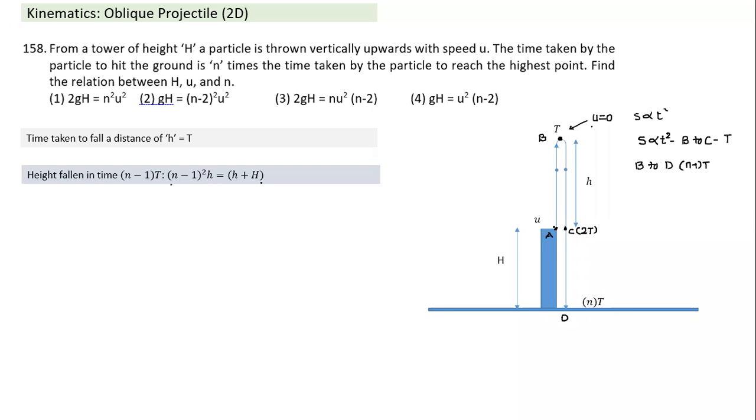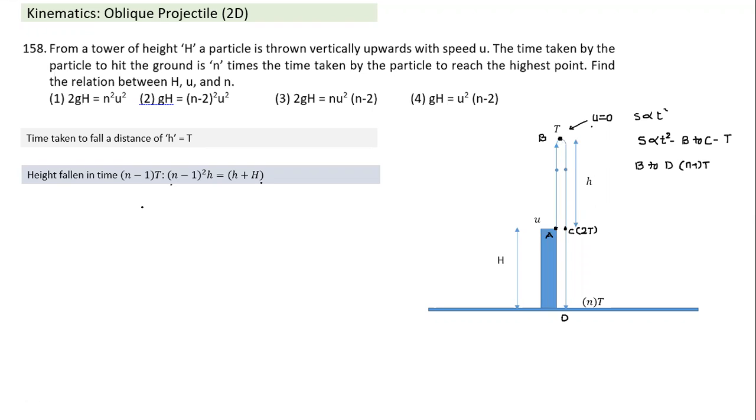If all points are clear, if I demarcate these important points of motion, it's easy to notice this is 0 time, this is t, this is 2t, and this is nt. From here to here it has taken time 2t minus t, which is t, and from here to here it has taken n minus 1 times t.